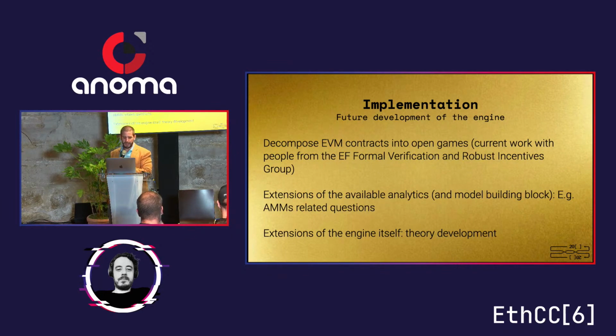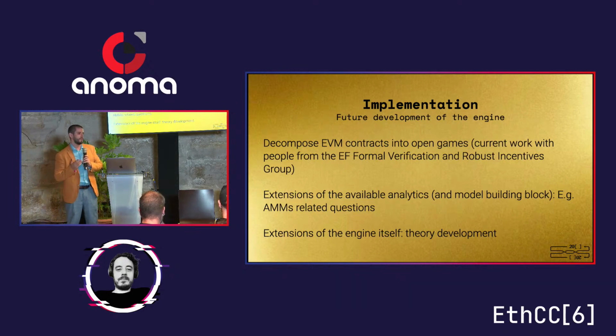Okay, that's basically it. Now some of the things we are working on: we're working with the robust incentive and formal verification team from the Ethereum Foundation to interface this stuff with the Ethereum virtual machine, in particular with HEVM, the implementation of the Ethereum virtual machine in Haskell that is being used by DAppTools, which is basically the, I would say, 0.1 version of Foundry for whoever uses that.